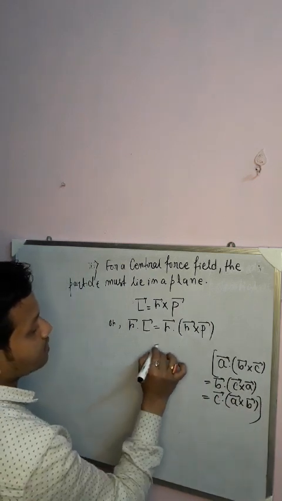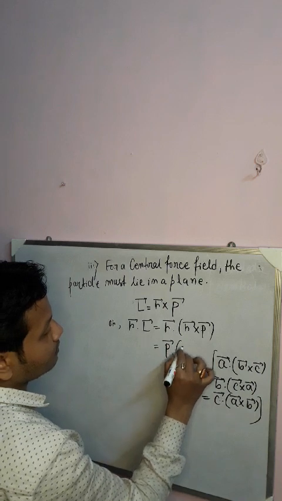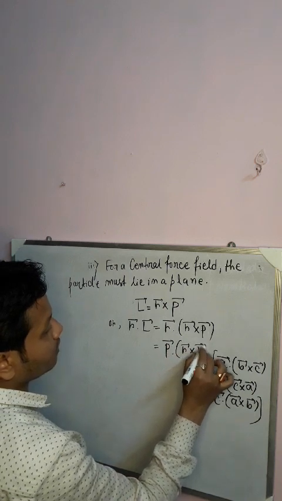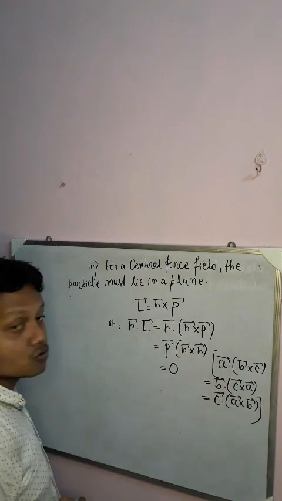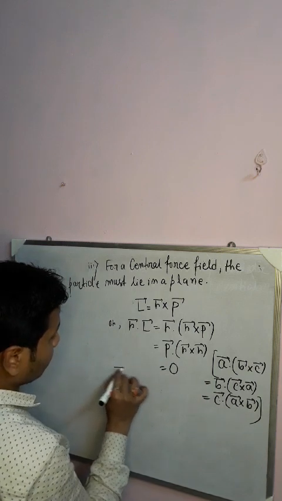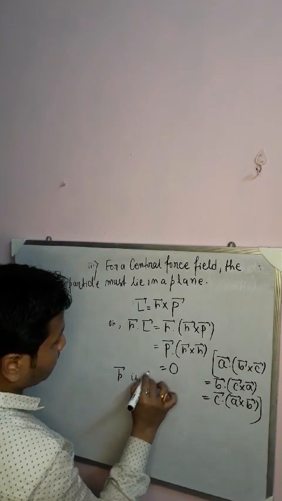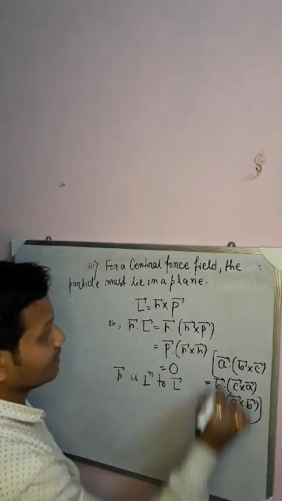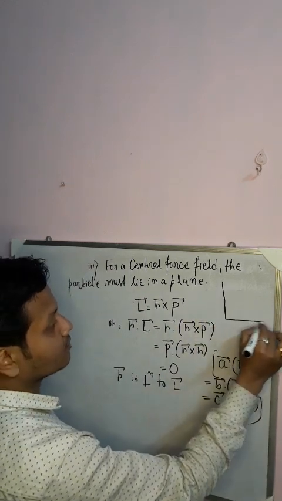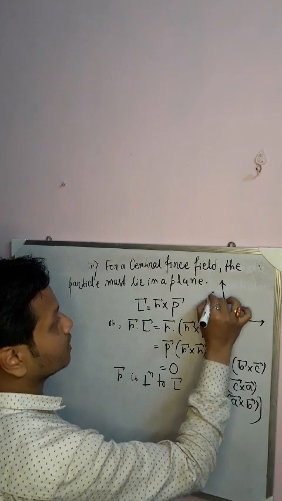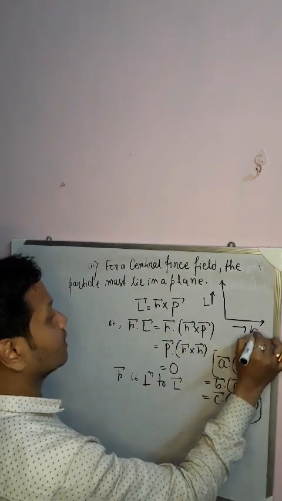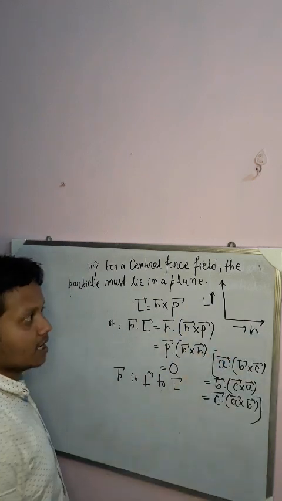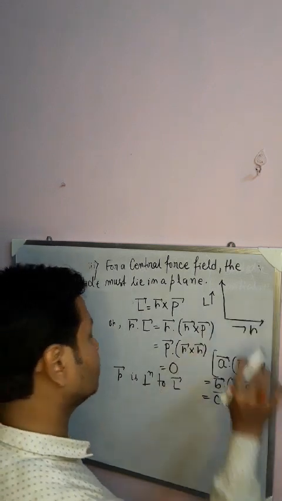So if you take c dot a cross b, that means p dot r cross r, this means 0. So r is perpendicular to L. So what does it indicate? It indicates that r is perpendicular to L. If you take L along this, and r, this is the diagram. So the motion is confined within a plane.